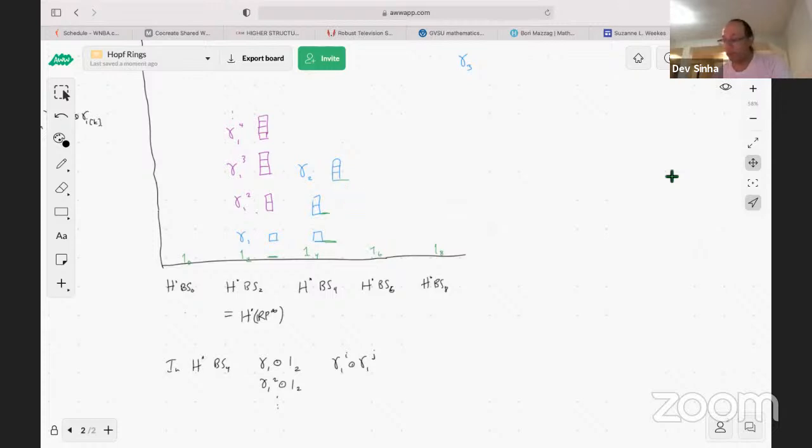You also have, for example, in this degree, gamma 1 squared transfer gamma 1, and that's going to look like this. So it's also got 3 blocks. They're stacked in a different way. So this is gamma 1 squared transfer gamma 1.